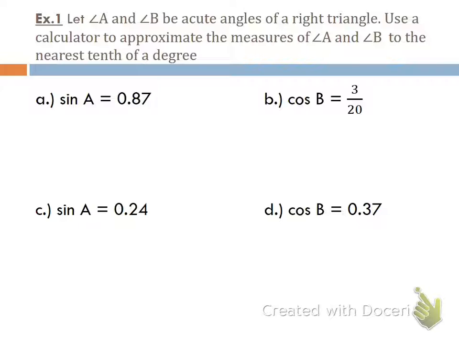So if they start you off with sine of angle A equals 0.87, in order to find an angle measure, we have to use inverse sine. So inverse sine of 0.87. I want to see what it is you're typing into your calculator.